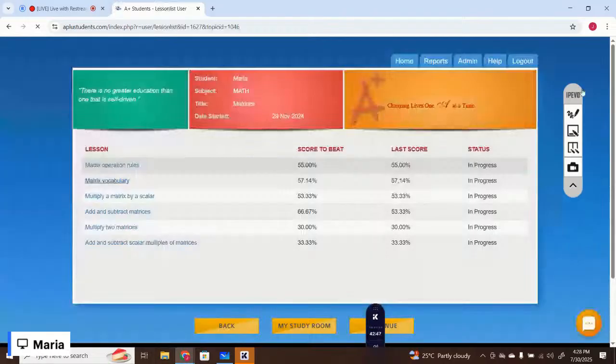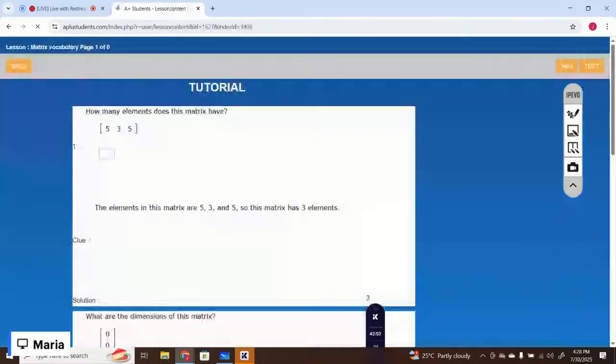That is matrix vocabulary. How many elements does the matrix have? So three elements: one, two, three.